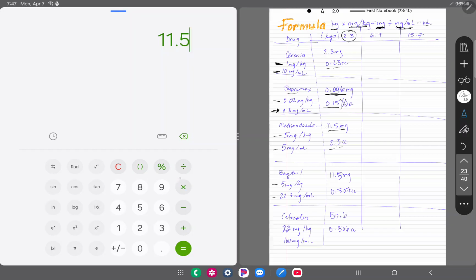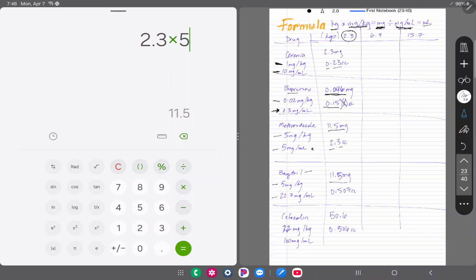Now if I take my 11.5 divided by my concentration, I'm going to get 2.3. Oh goodness, I went all the way back up here, didn't I? Silly me. We are on Baytril. 2.3 times 5 is 11.5 milligrams.